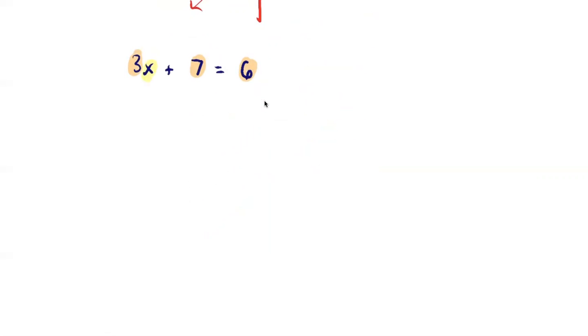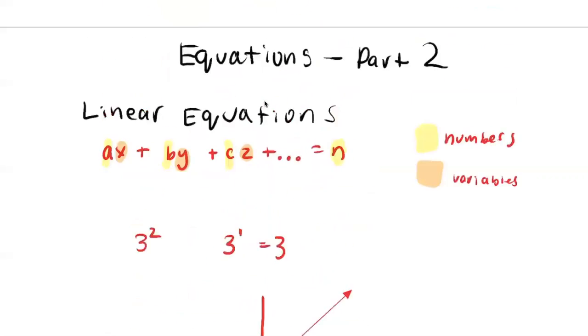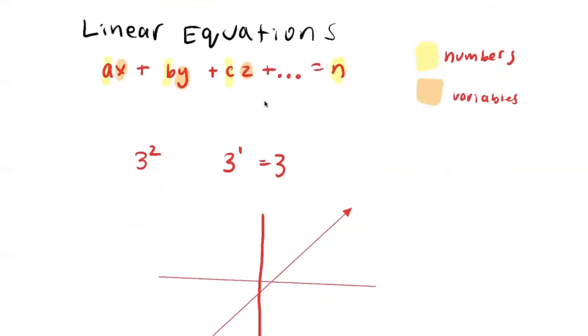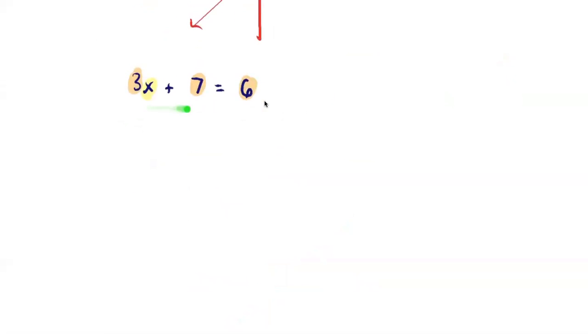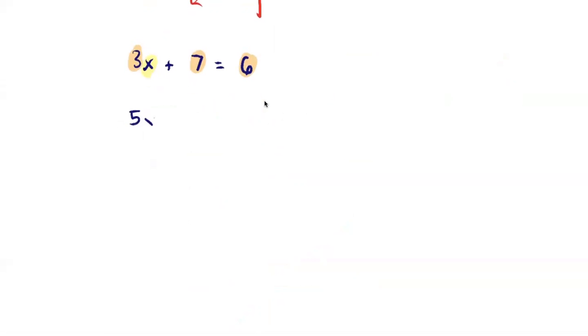Another example follows the same form, ax plus by plus cz. Let's give another example. So this is also that same form, so this is also a linear equation.